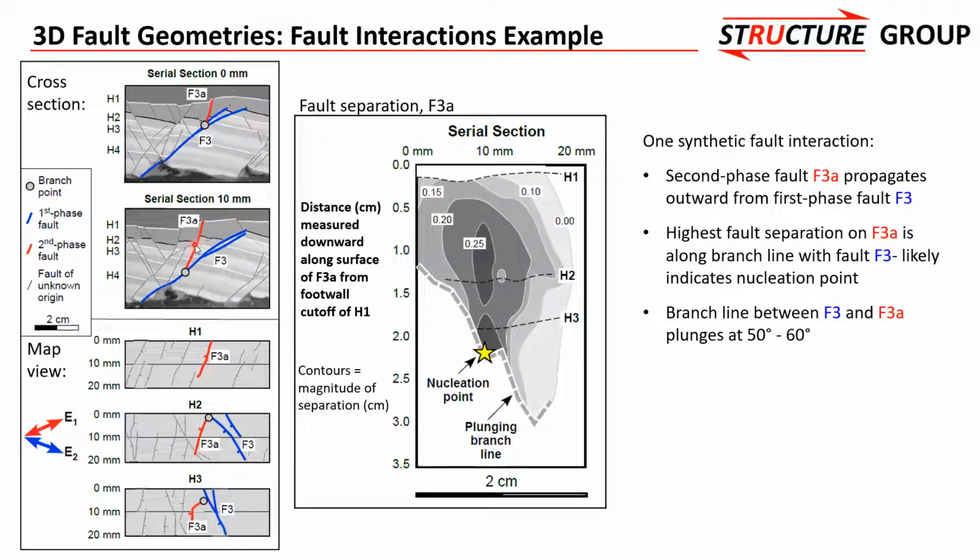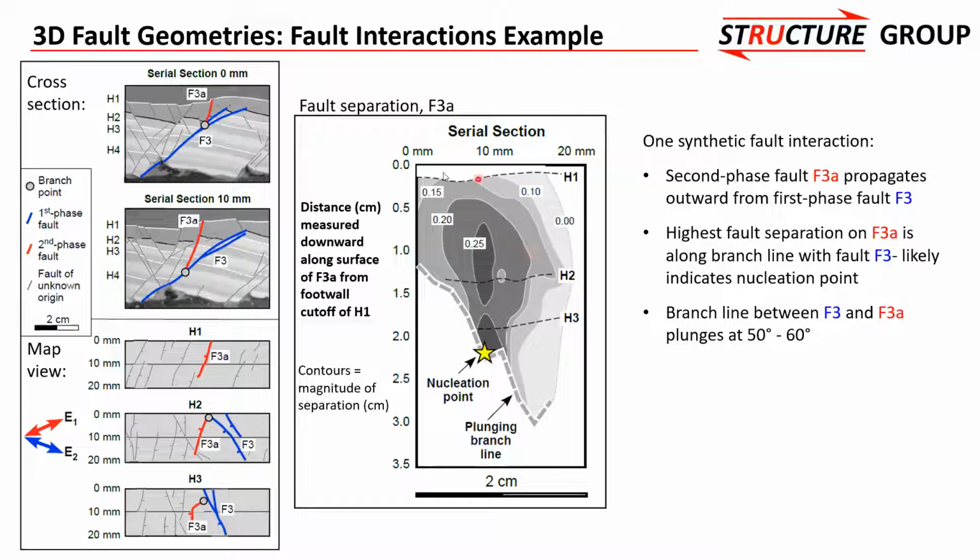And this fault is very interesting because not only can we see it in the cross sections, but also on this diagram of fault separation, it's very clear that the highest displacement along the fault is actually next to this fault F3. So the contours here are magnitude of separation along the fault plane.